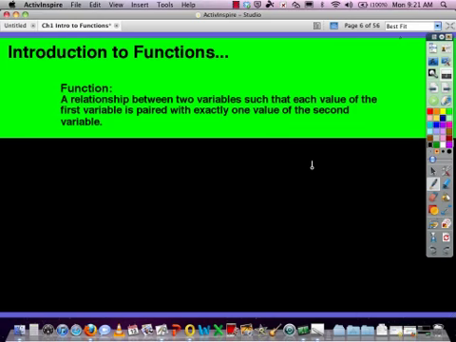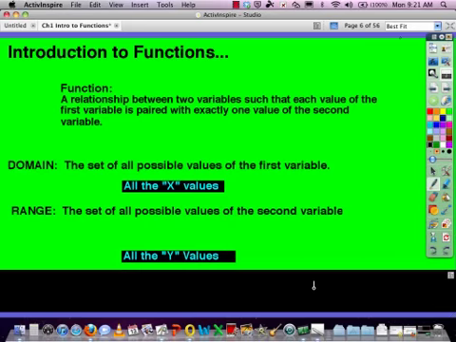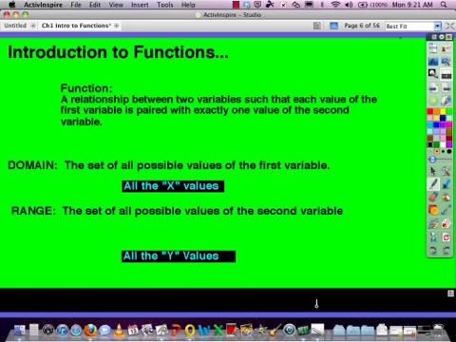Now, one thing we will talk about right now is when they say first variable, second variable, we've usually talked about an ordered pair as x comma y. And we're going to continue to do that. So right now, in the ordered pair x, y, x would be considered the first variable, and y would be considered the second variable.